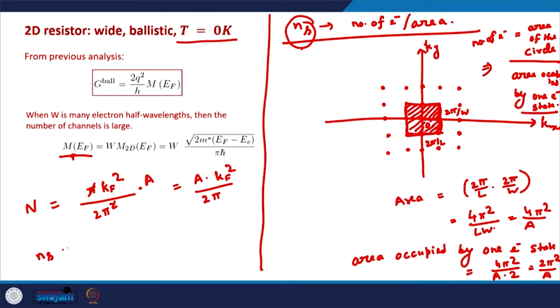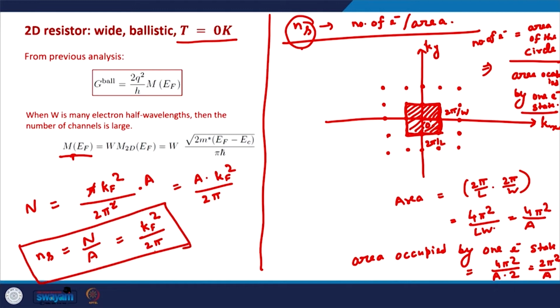So, it will be n by A, which means ns can be written as kf square by 2 pi. So, that way we have a relationship between ns and kf.